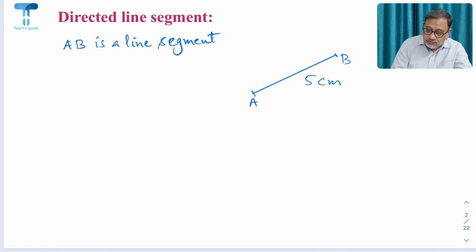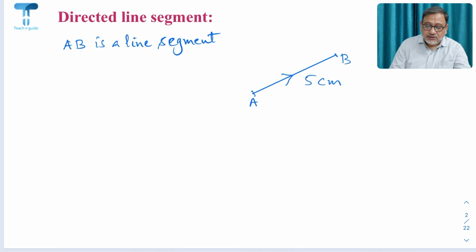Unless I define a direction, I cannot call it a directed line segment. If I call it only AB, it can be A to B 5 centimeter or B to A 5 centimeter, isn't it? So suppose I define it from A to B.